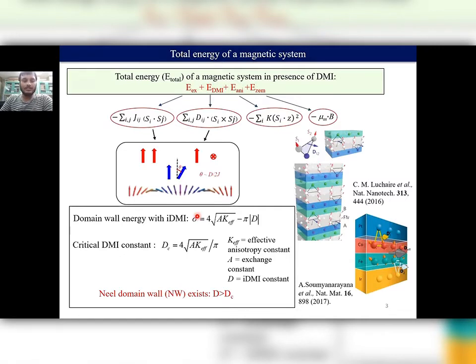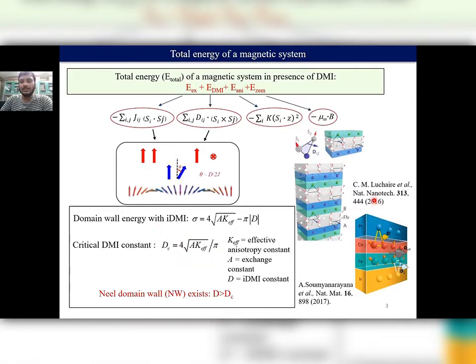and in that case the domain wall energy also gets modified this way, and the Néel wall exists in a perpendicular system when D is greater than Dc, and Dc is this.